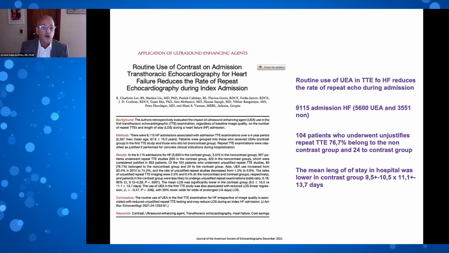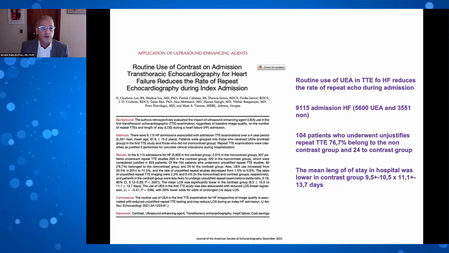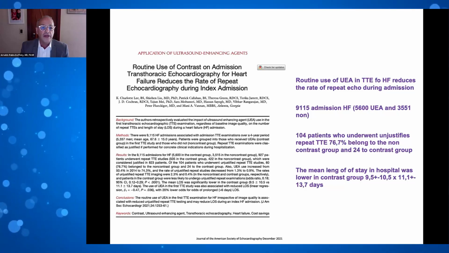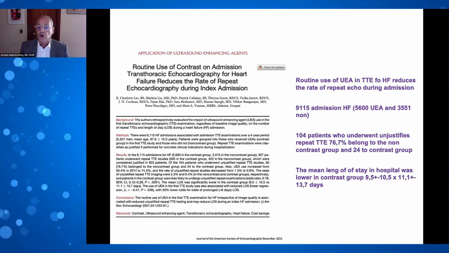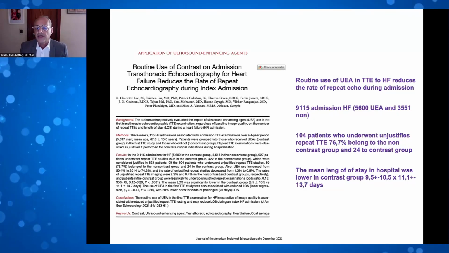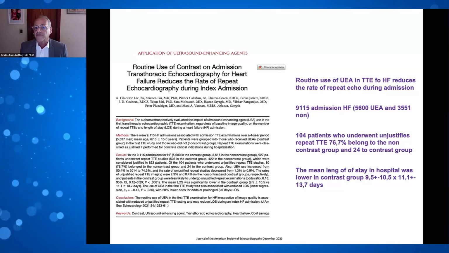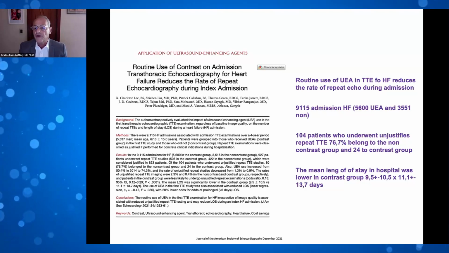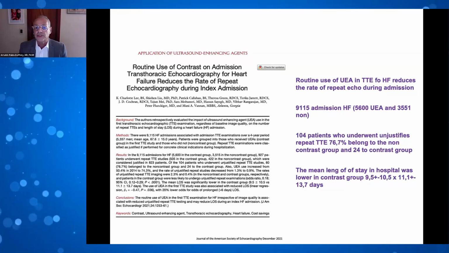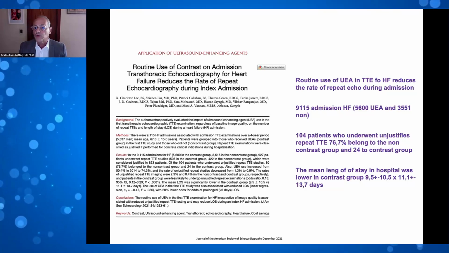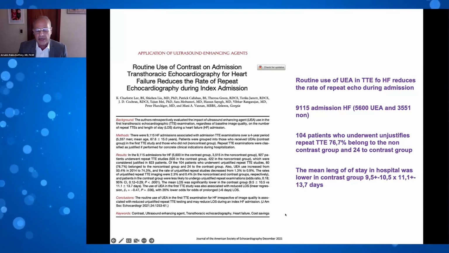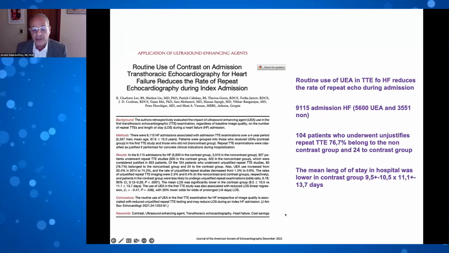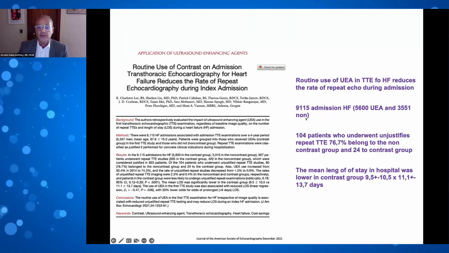The routine use of contrast on the admission transthoracic echo for heart failure reduced the rate of repeat studies. So routine use of ultrasound enhancing agent in transthoracic echo for patients with heart failure reduces the rate of repeat echo during admission. This is the paper published in the Journal of the American Society of Echocardiography in 2021.